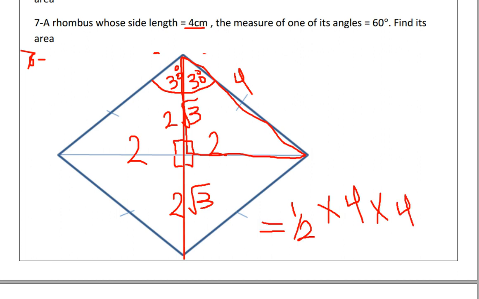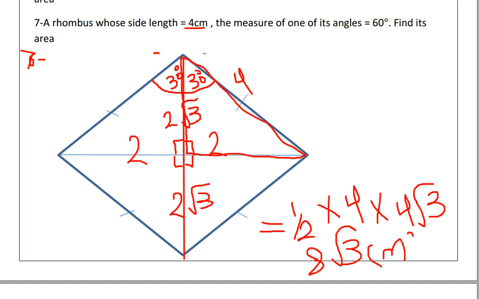Because we multiplied by the whole diagonal, not half of the diagonal, half by 4 is 2, and 2 by 4√3 is 8√3 centimeters squared. So this is the final answer, centimeters squared.